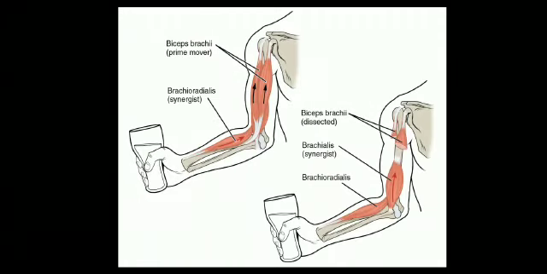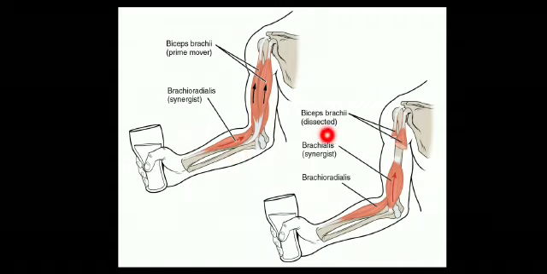For example, here in this diagram, you can see that this is the biceps brachii muscle, which is a prime mover causing the flexion at the elbow joint. While in the flexion, there are other muscles which are causing the flexion at the same joint. For example, the brachioradialis. Here, the brachioradialis acts as a synergist.